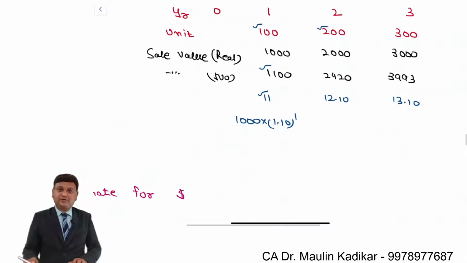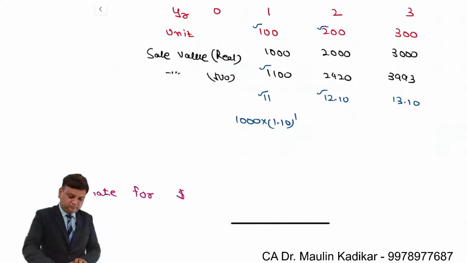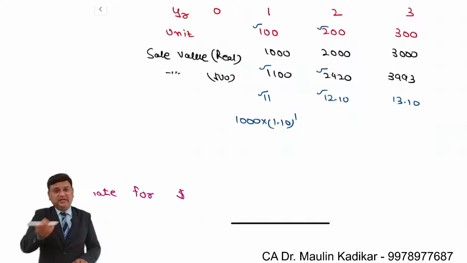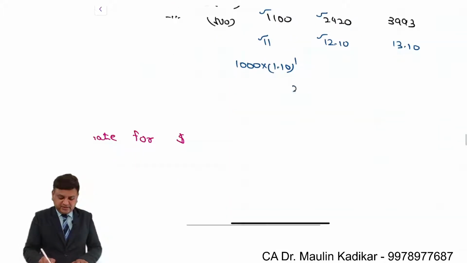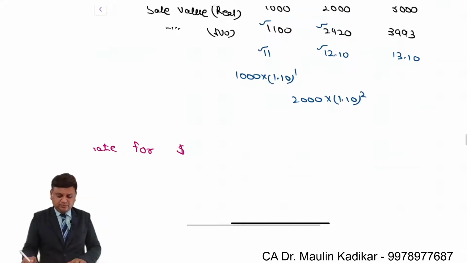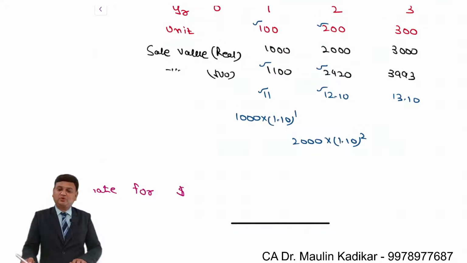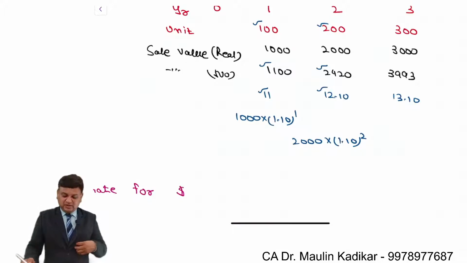These 200 units have been sold at the rate of 12.1, then it comes to 2420, which I have found directly as real sales into 1.10 raised to 2. That is the way it comes to 2420. For the third year, it is like this once again.